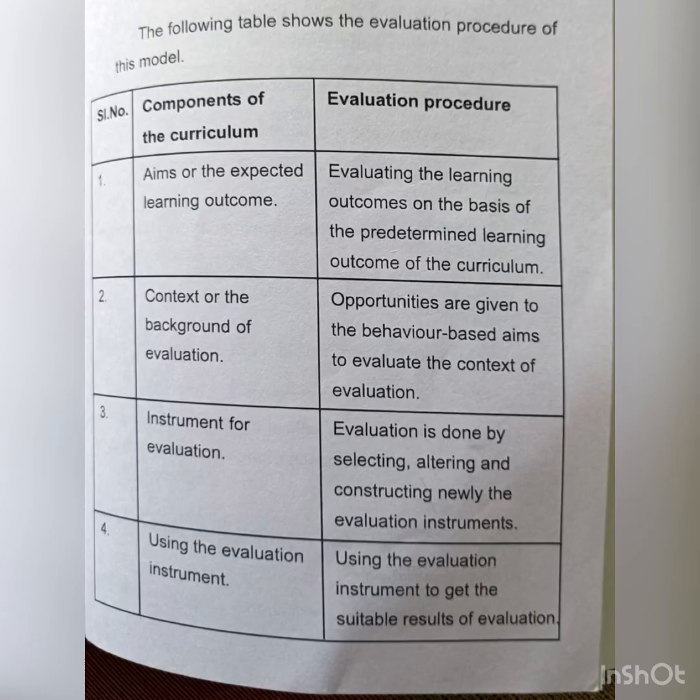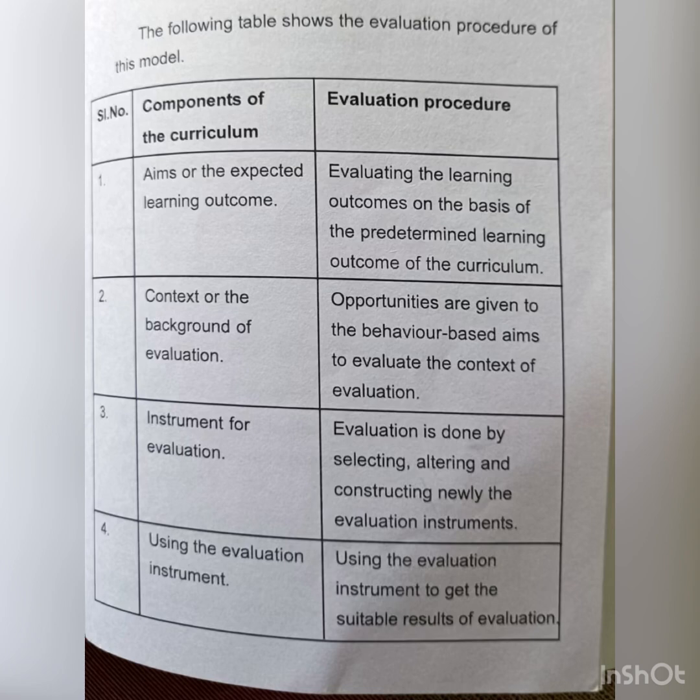Next, the table shows the evaluation procedure of this model. We should write the table in 2 columns: components of the curriculum and evaluation procedure. Aims or the expected learning outcome: evaluating the learning outcomes. Next comes context or the background of evaluation: opportunities given to the behavior-based aims to evaluate the context of evaluation.